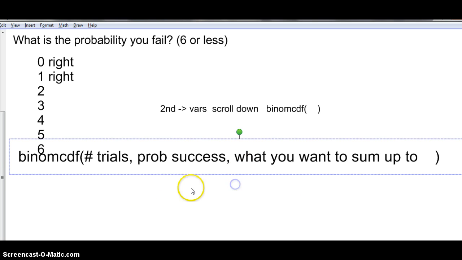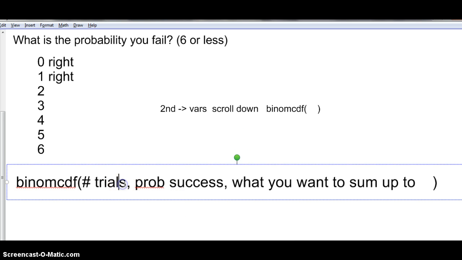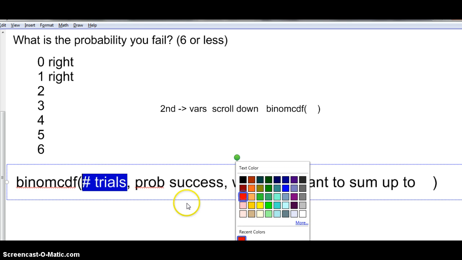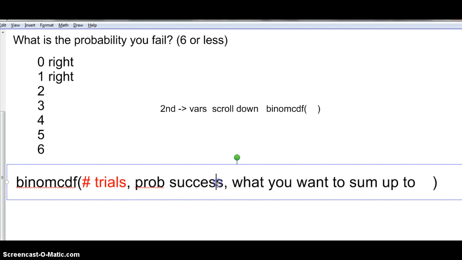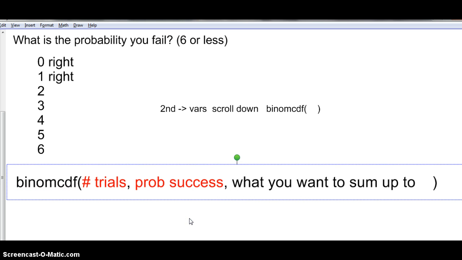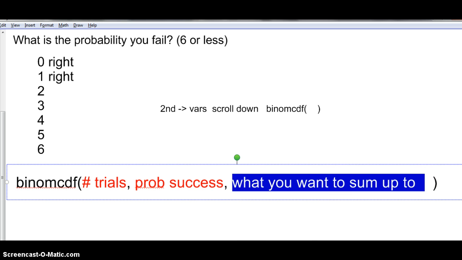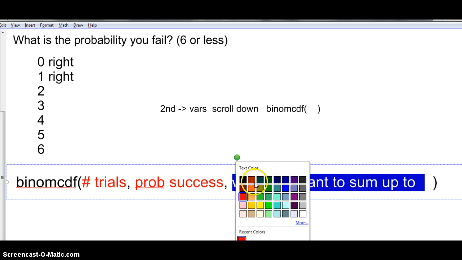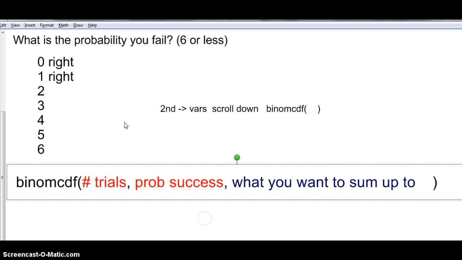Okay, you've got the number of trials, that's the first thing, and that isn't going to be any different from the PDF. Number of success is also the same, not any different than PDF. But here is the difference. What do you want to sum up to? So for example, the one that we are looking at here, we want to sum up to 6.